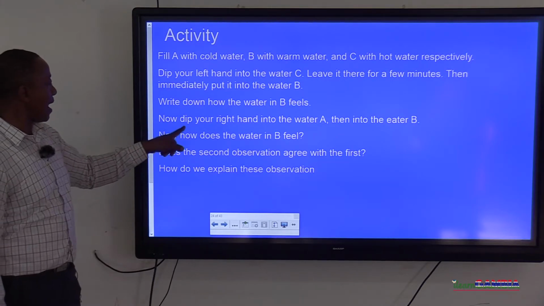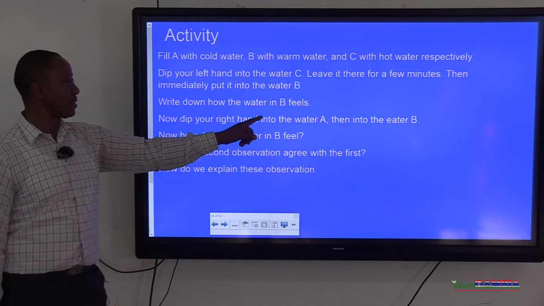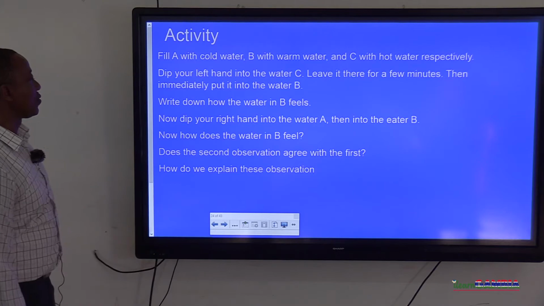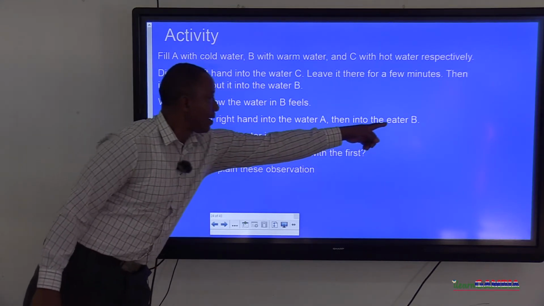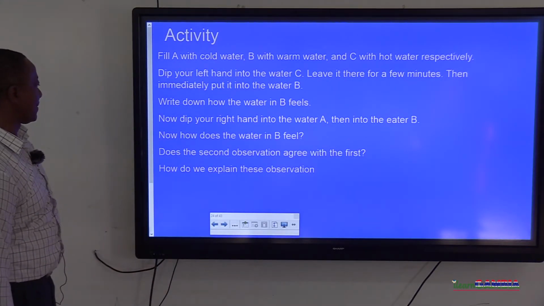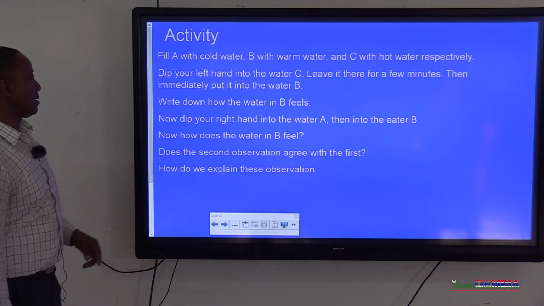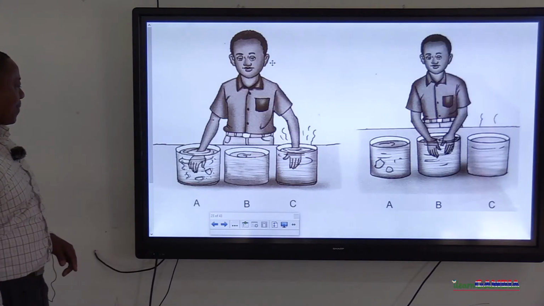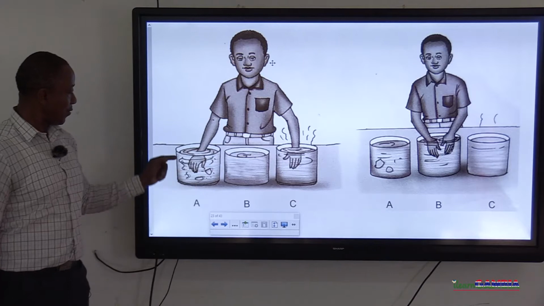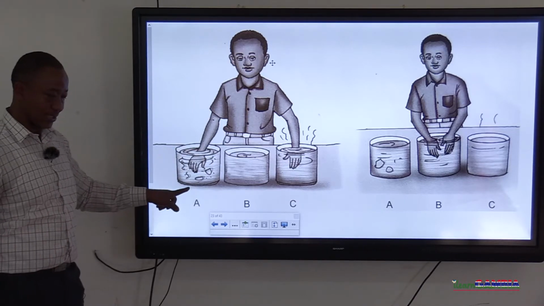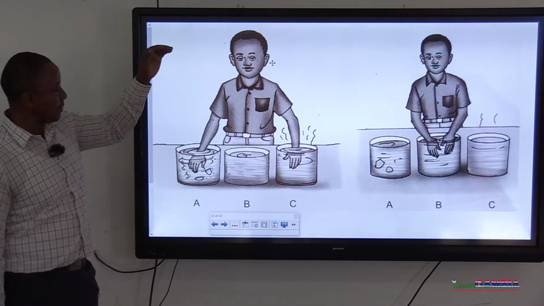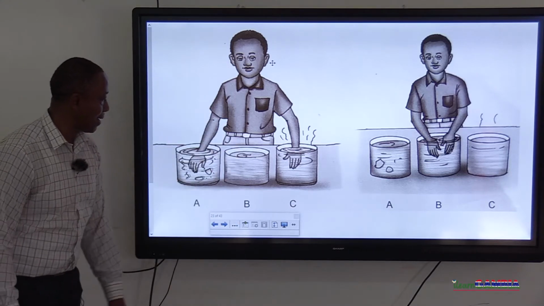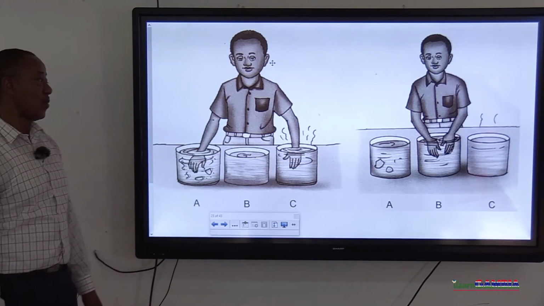Next, it says now dip your right hand into the water A, then into, oh sorry about that typing error, water B. How does the water in B feel? Going back to the diagram, you have to put your hand in the cold water, and when you immediately take it out, put it in B, which is supposed to be the warm water.